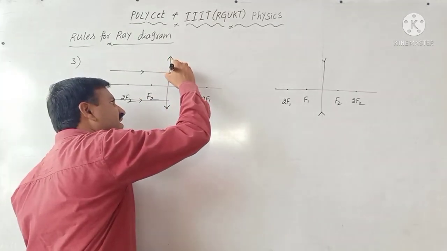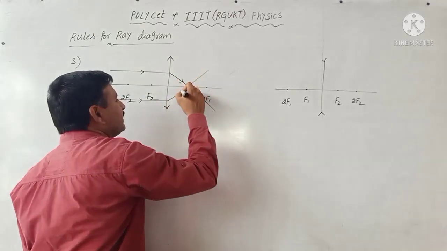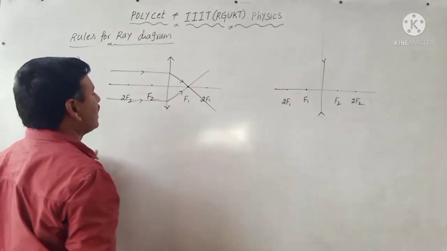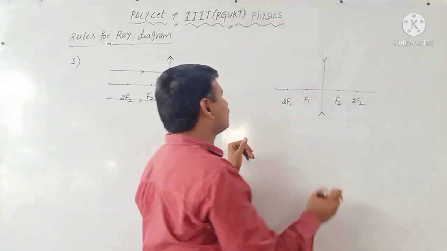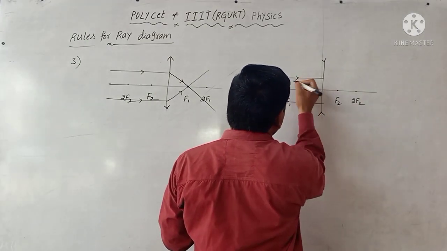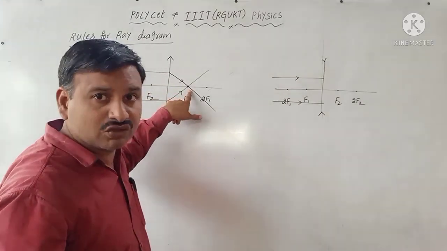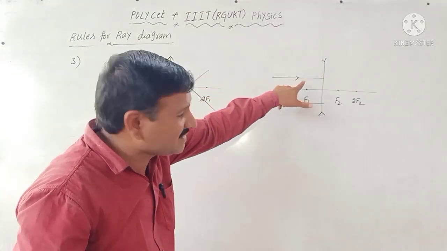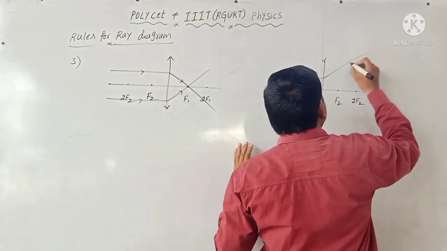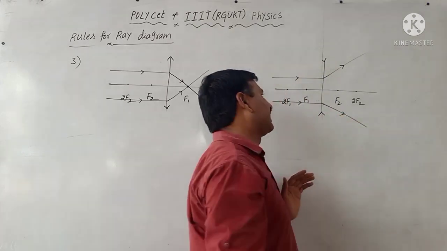After refraction, it passes through the focus. So it is the third one. This one also, here also taken two light rays. It is the converging lens, that's why it passes through the focus. It is the diverging lens, so diverge means the light rays diverge.